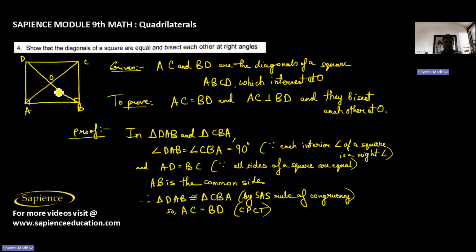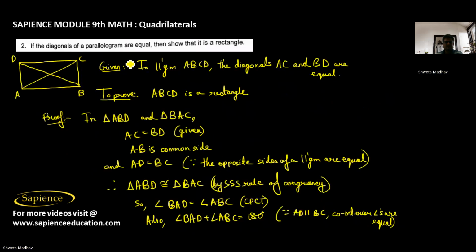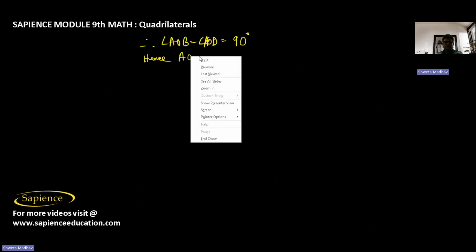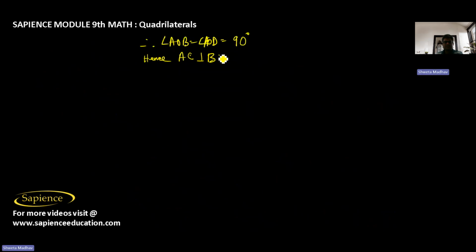So hence AC is perpendicular to BD also. In this case, AC is perpendicular to BD.